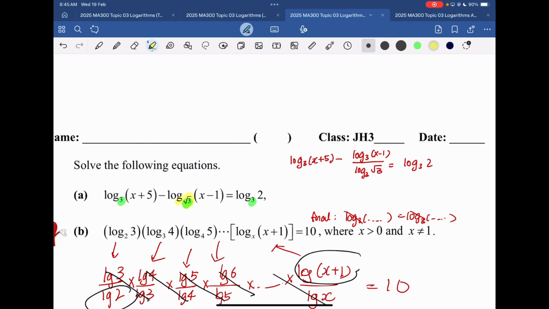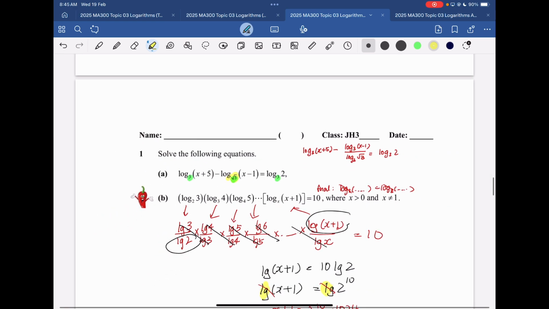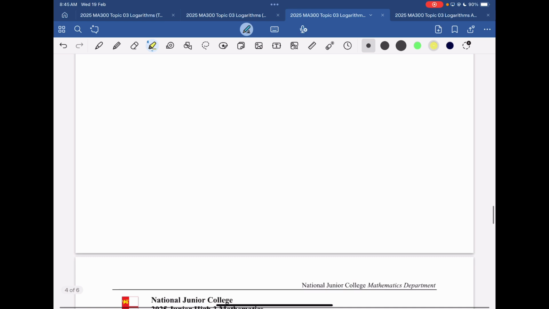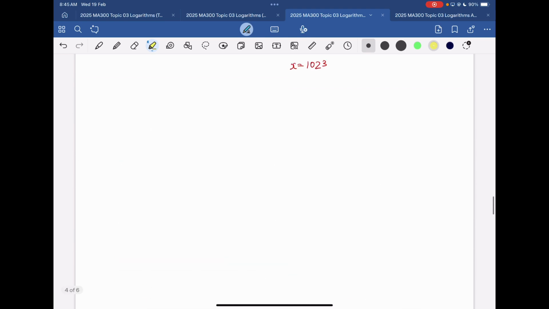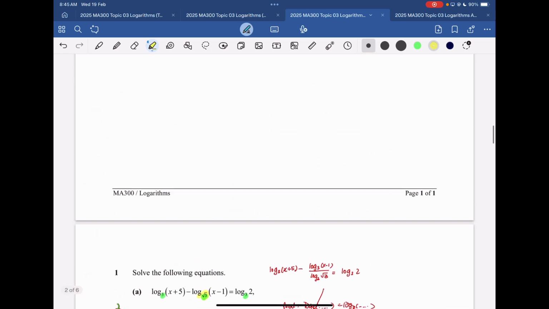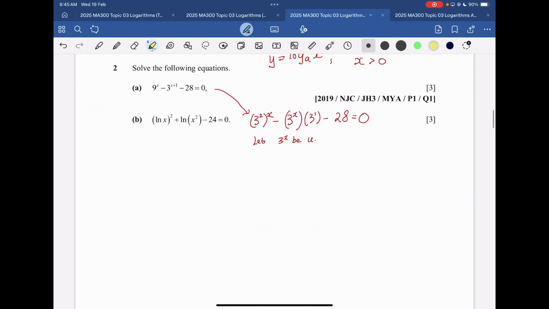This one, okay, there's some trick. I can tell you the idea is by substitution. Bring your 2 down. This one can bring 2 down, this one cannot, right? Let u be ln x. Answers are here.